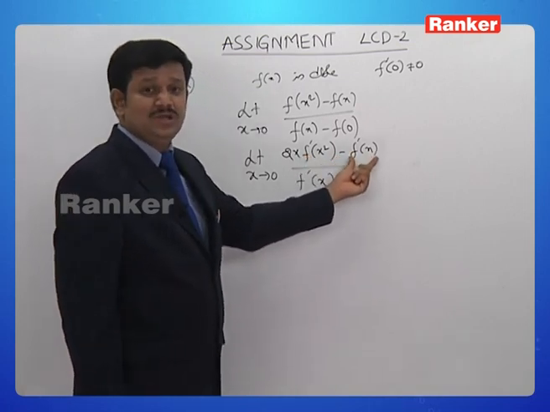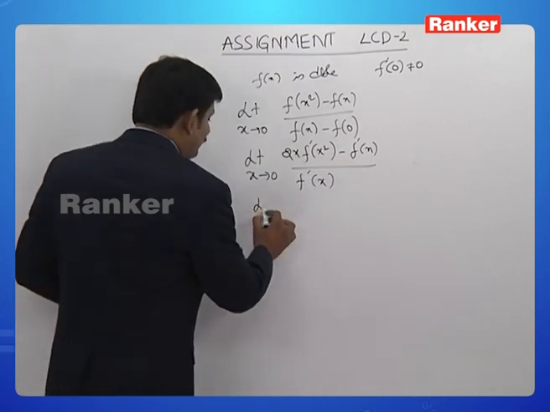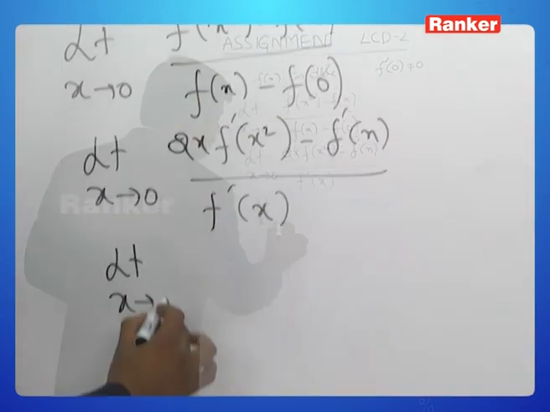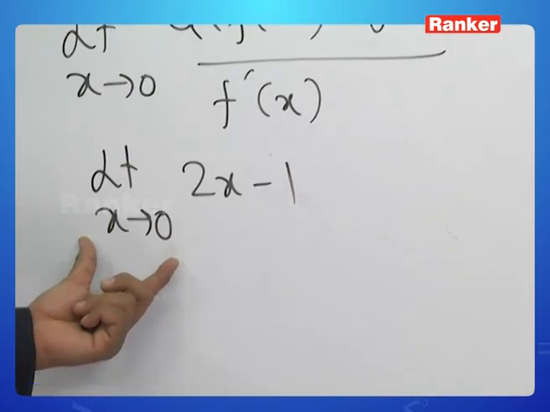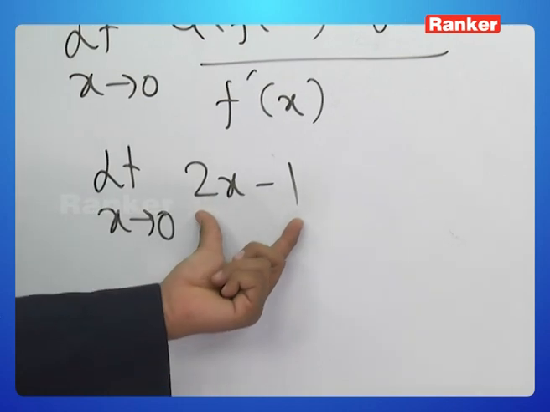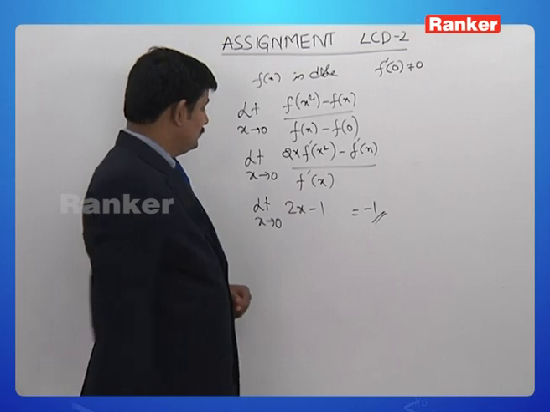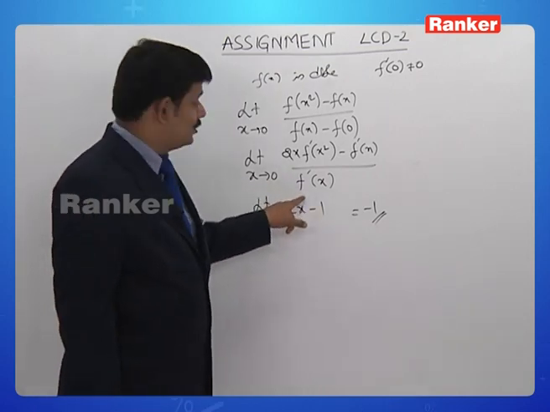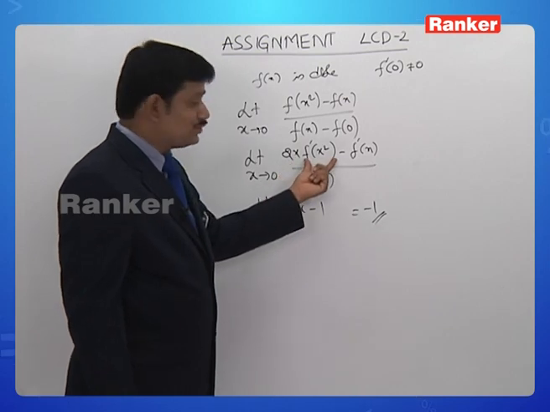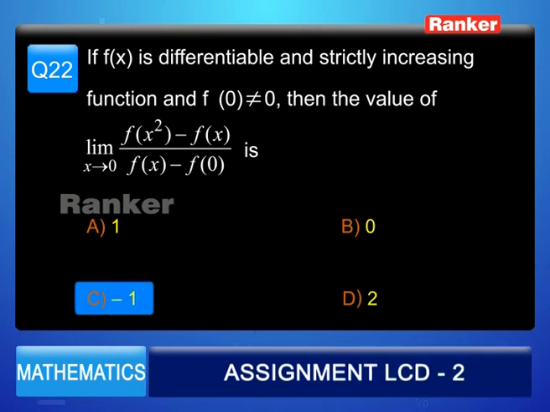And because a is non-zero, we can cancel that a throughout and we will be left with a small limit x tending to 0, 2x minus 1, and limit x tending to 0, 2x minus 1 is minus 1. So as x tends to 0, because f dash is non-zero, f dash x square, f dash x and f dash x can be cancelled throughout and this limit will be minus 1.